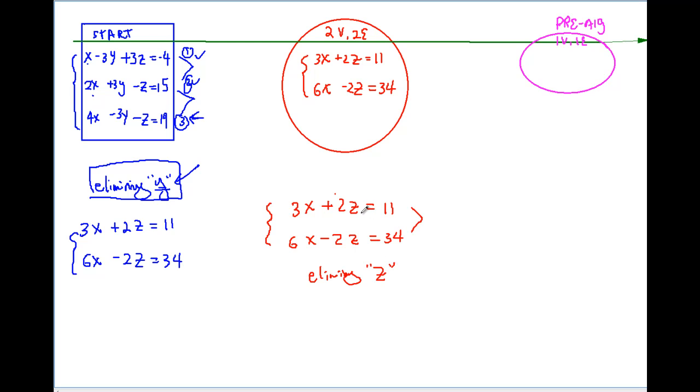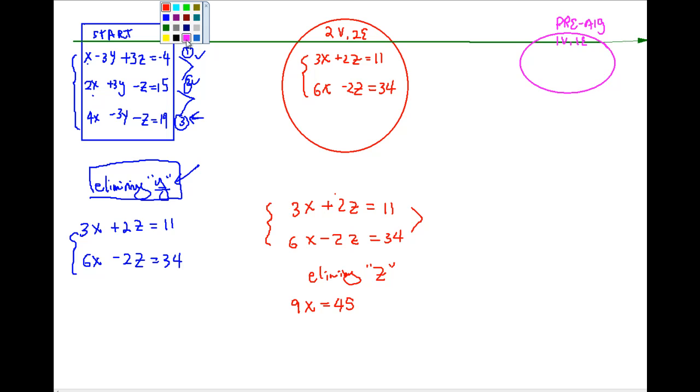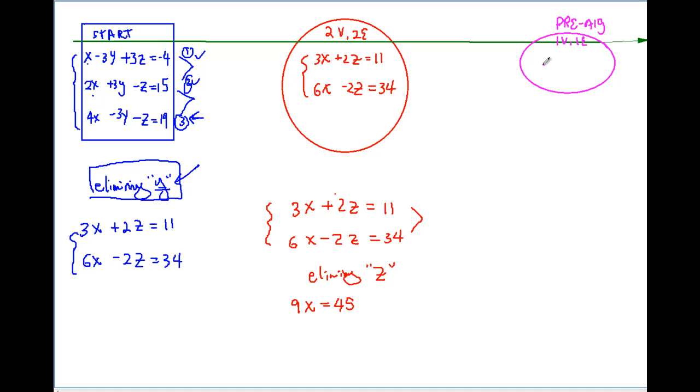Well, I'm lazy, right? Here's the lazy part that you really need to exploit if you can. If you want to eliminate x, it's a little more work. But if I just add those 2 equations, I can get 9x equal to 45 without any work at all. So I achieved my goal of 1 variable, 1 equation, 9x equal to 45. From there, I have x equal to 5. It's one of my answers, right?